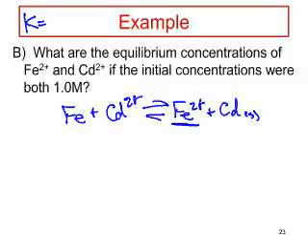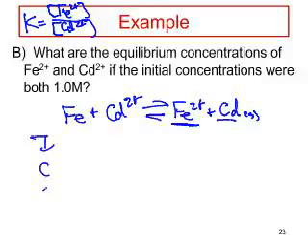The iron 2+ really is all that matters because the cadmium is a solid and we don't care what the concentration of that is because it does not change. So it's going to be the concentration of iron 2+ to the first power divided by the concentration of cadmium 2+ also to the first power.